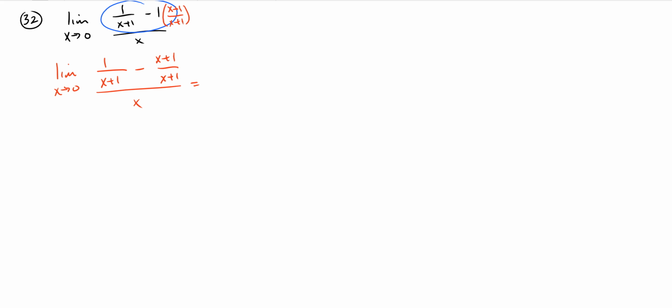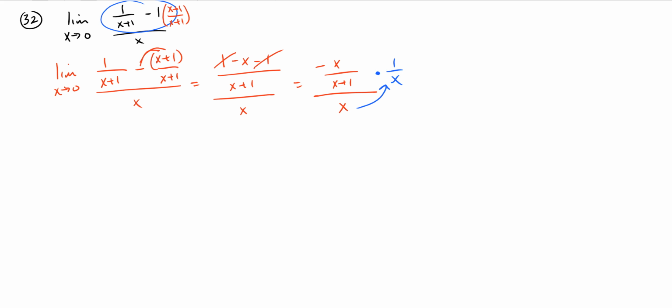Now we can combine the numerators. So we got 1. Don't forget to distribute that negative sign to both terms. We got 1 minus x minus 1 over x plus 1 over x. It's going to continue to reduce, these are going to cancel out, so I get negative x over x plus 1 over x. If you think about this second division, we can move that up by changing it to multiplying by the reciprocal, which is 1 over x.